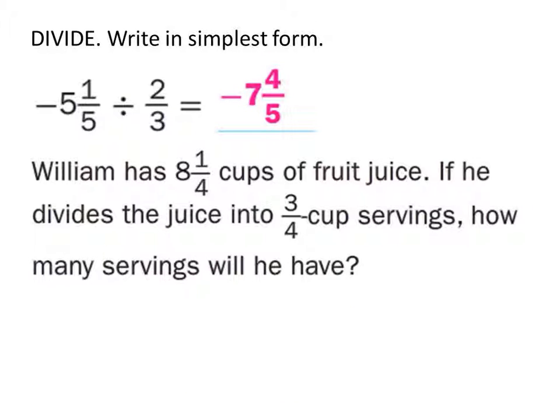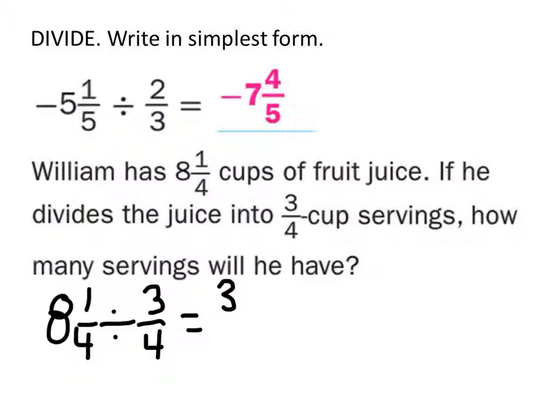Oh, this is good. William has 8 1/4 cups of fruit juice. If he divides the fruit juice into 3/4 cup servings, how many servings will he have? Well, all we're going to do is take 8 1/4 and divide this by 3/4. So 8 1/4 will turn into 33/4.